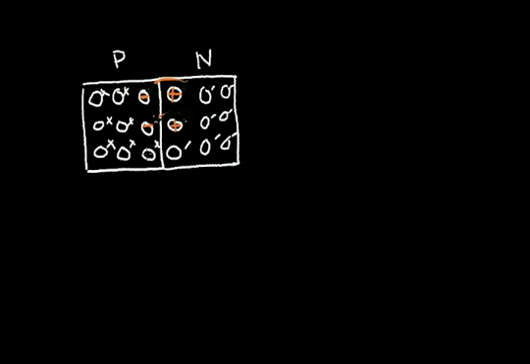And the same thing can happen down here. This electron, let me erase it here. As this electron moves over, combines with this hole, we gain a negative charge here and a positive charge here. So this region in here becomes devoid of charge carriers.